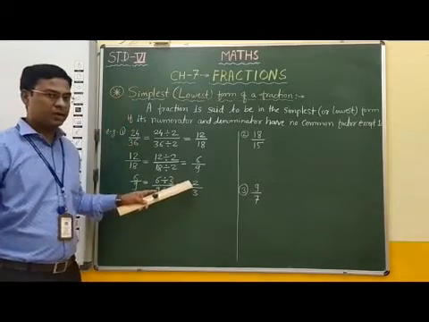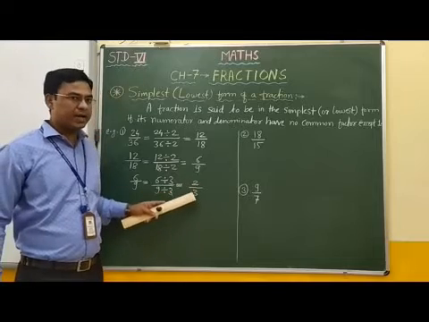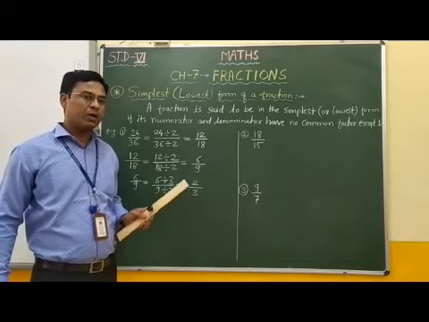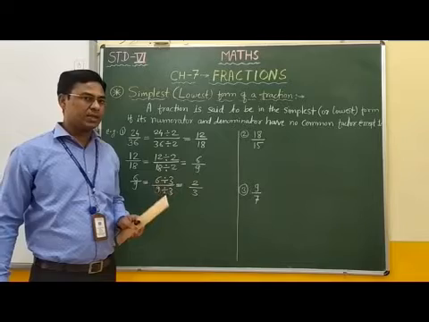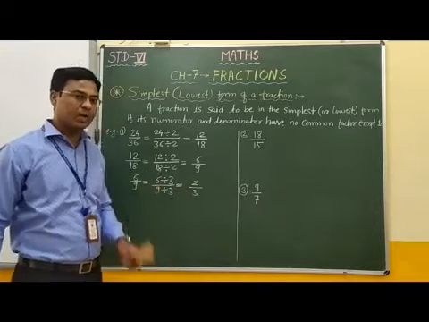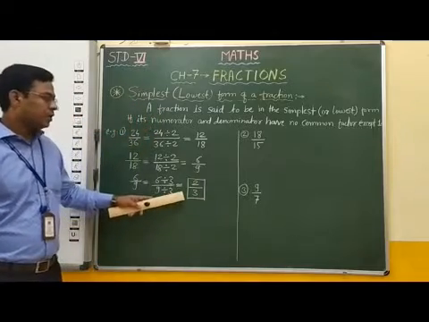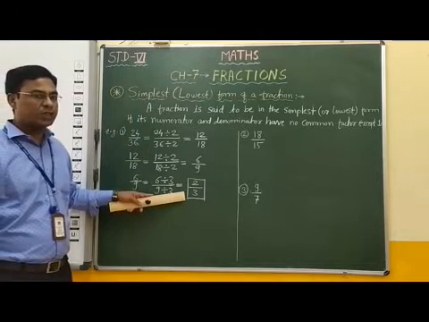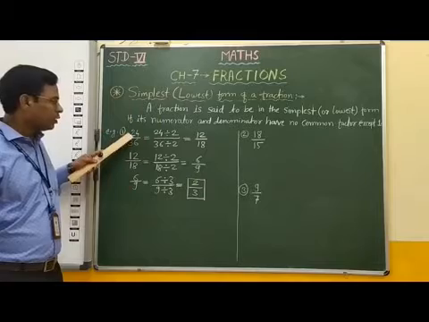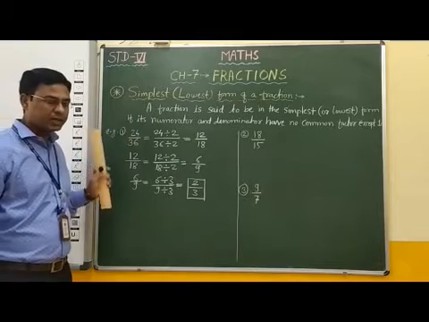Now, here you observe that numerator and denominator both are not divisible by the same number except 1. Therefore, we can say that 2 by 3 is the simplest or lowest form of the fraction 24 by 36.